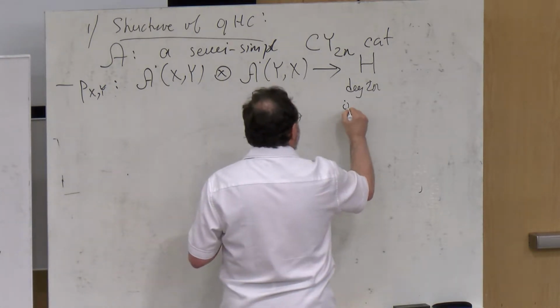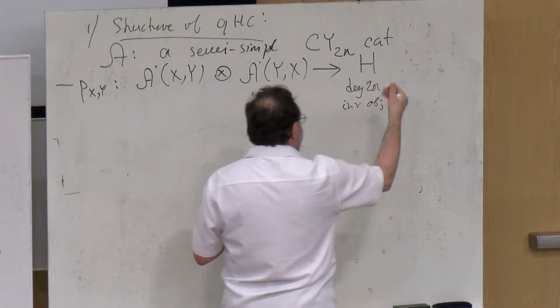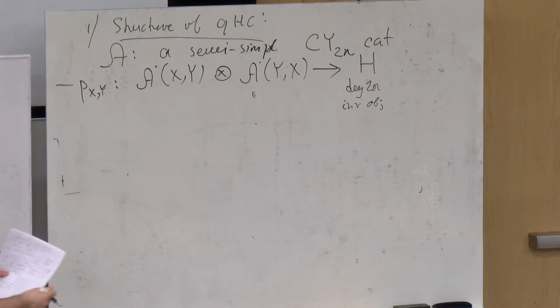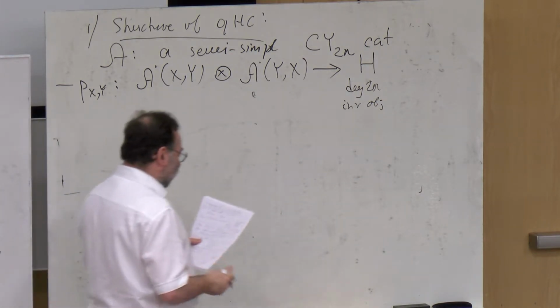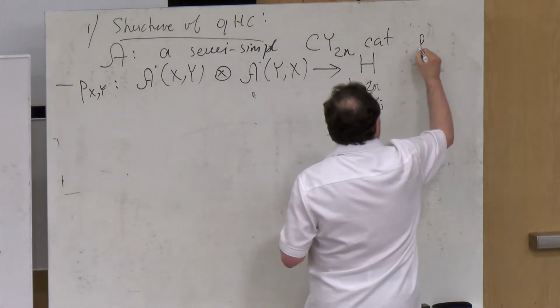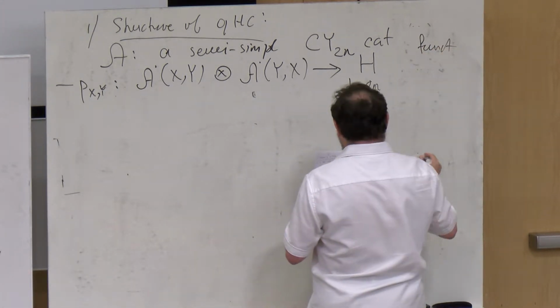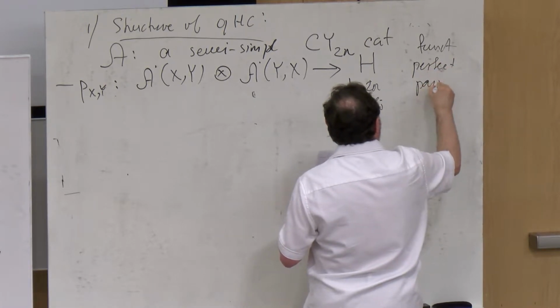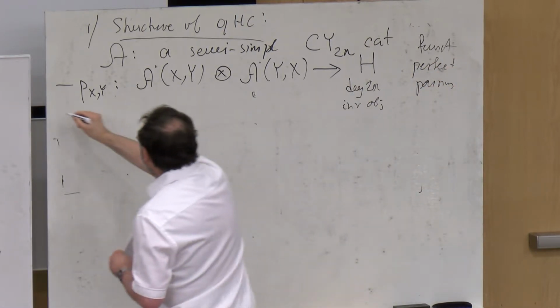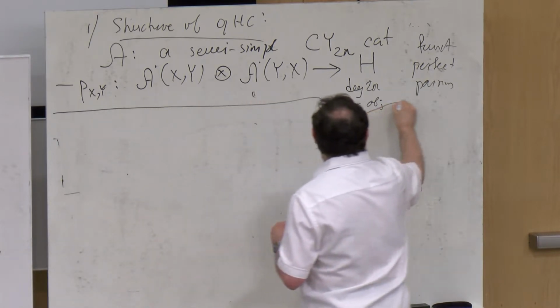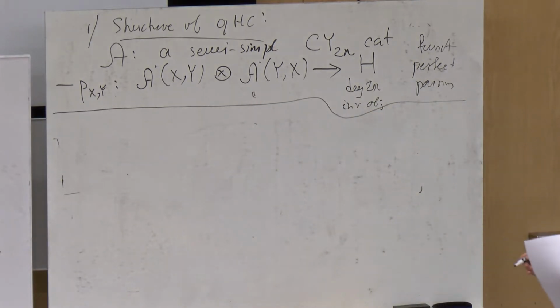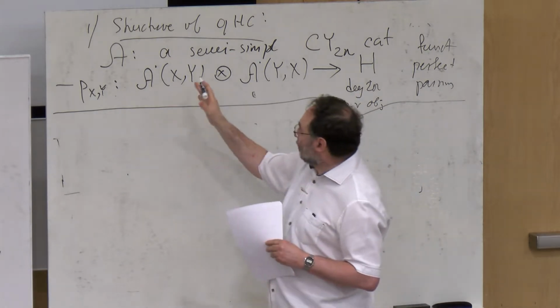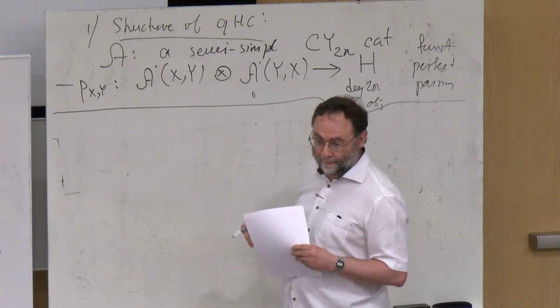And it is itself an invertible object in some underlying category, for example vector spaces. And so this is a functorial perfect pairing. So that's the notion of Calabi-Yau category. Here A dot XY means Hom in this category from X to Y.